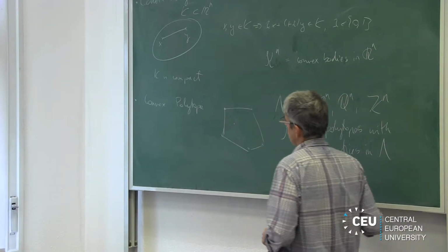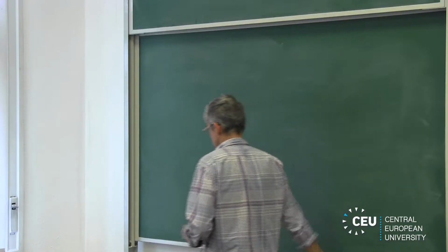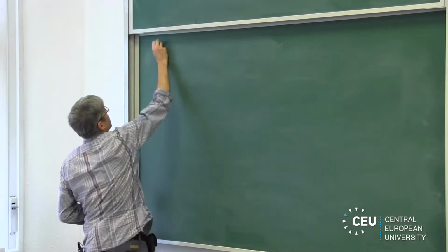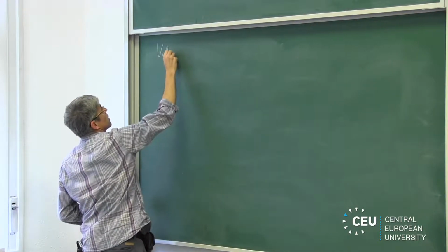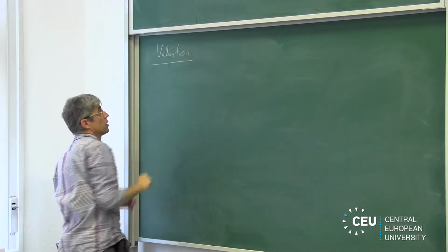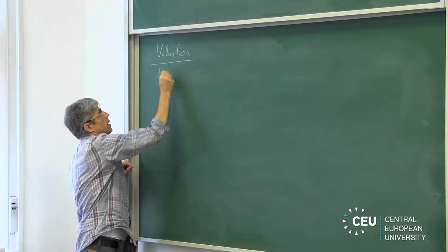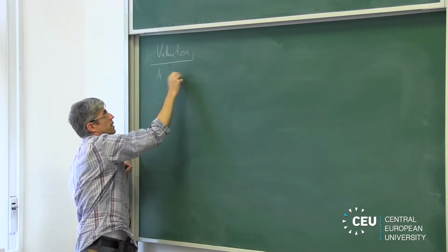Now, they are the players, and the kind of functions that we consider. What is a valuation? So we take an abelian group A. A will be any abelian group.